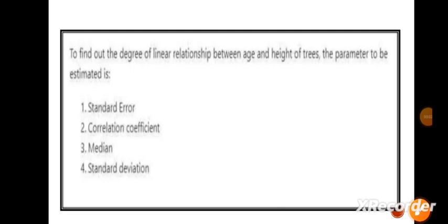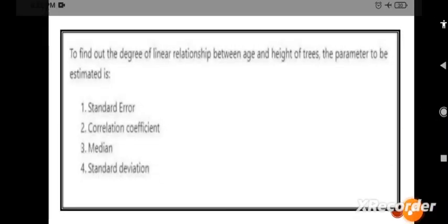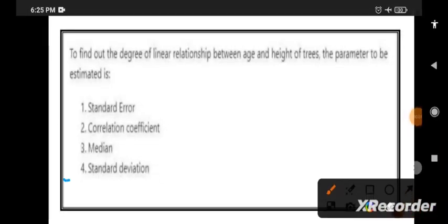Let's know about the other options. The standard deviation tells how much a sample is deviating from the mean. The median gives the middlemost value of any data set, and the standard error quantifies how precise our result is.